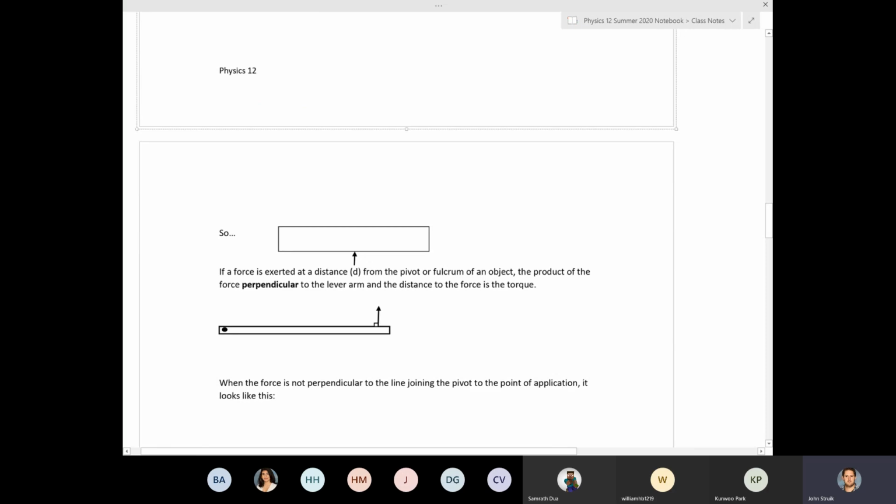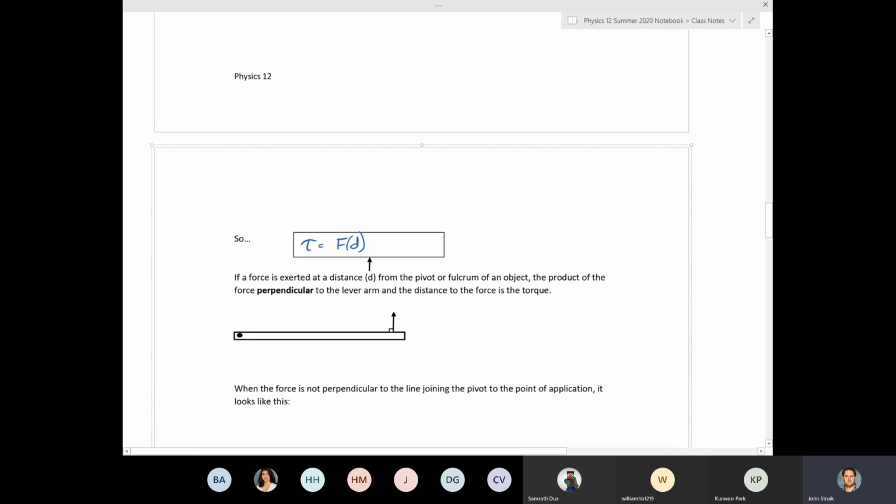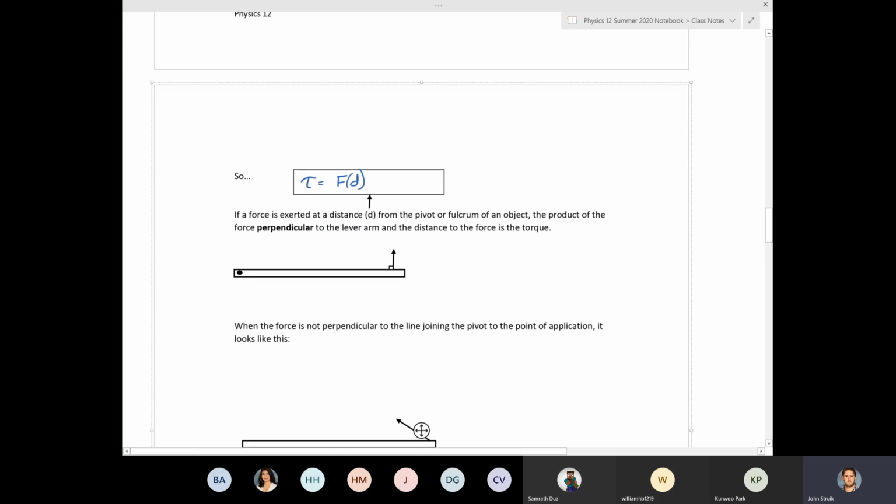Torque is force times distance. If a force is exerted at a distance from the pivot, the product of the force perpendicular to the lever arm and the distance to the force is the torque.